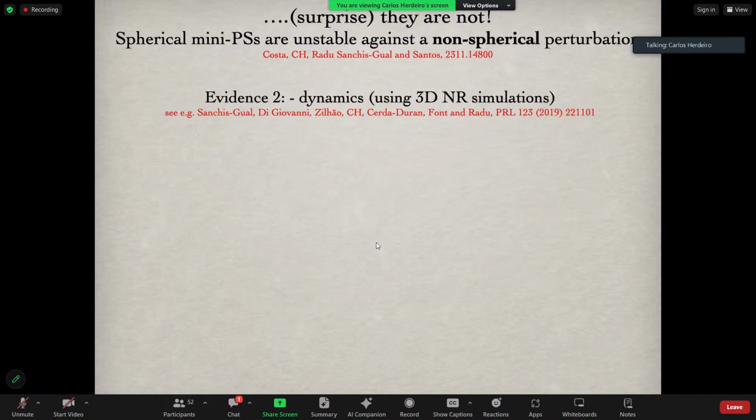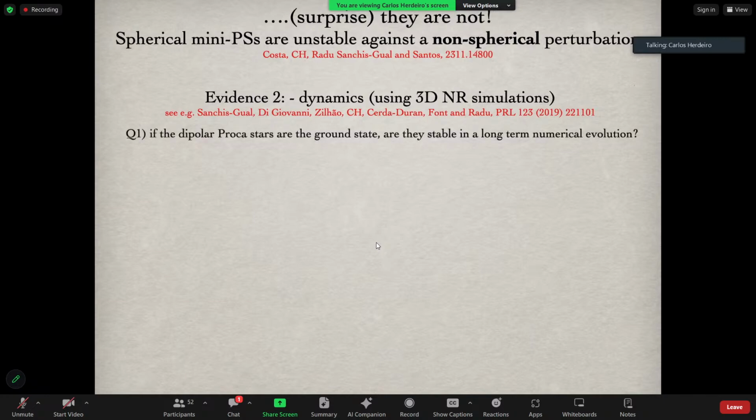So we tried with this to address a number of questions. Here's the first. If the dipolar Proca stars are the ground state, are they stable in the long-term numerical evolution?